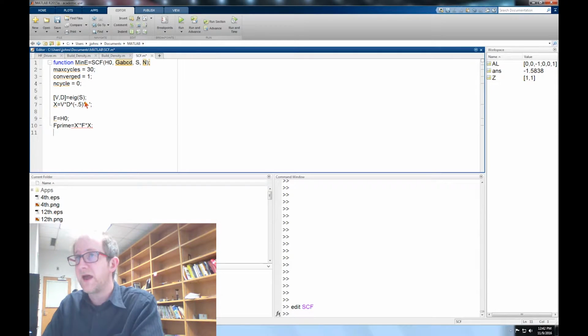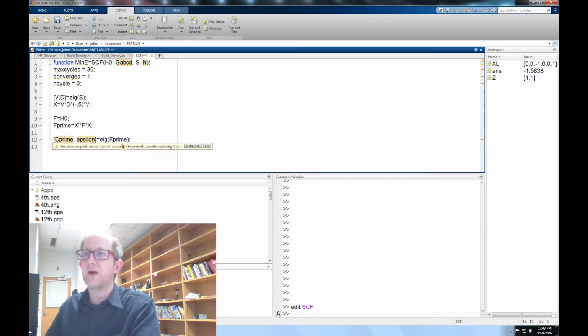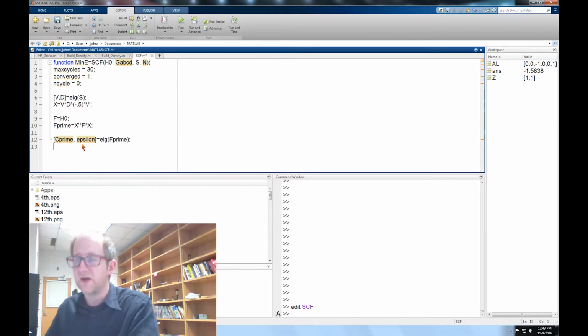F prime equals X transpose times F times X. Okay, and now we need to solve for the eigenvalues of this matrix. We're going to call them C prime, epsilon equals eig F prime. Again, C prime will be the matrix of column vectors, which are eigenvectors of F prime. Epsilon will be the diagonal matrix of eigenvalues.